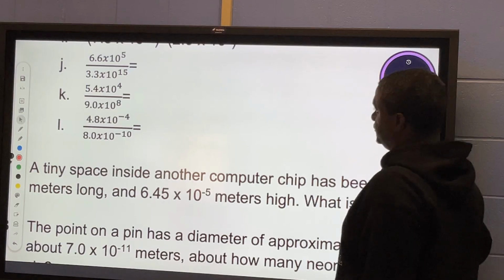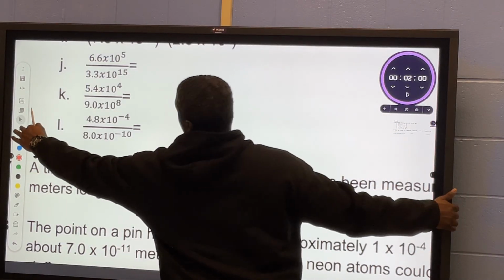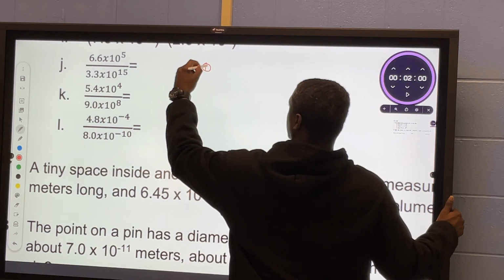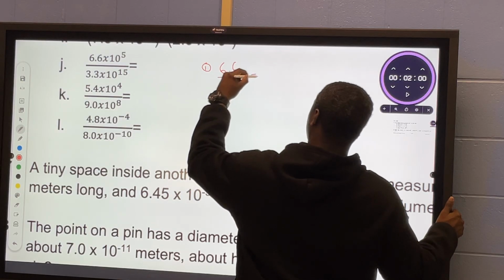Step one, divide the coefficients. 6.6 divided by 3.3, and you get 2.